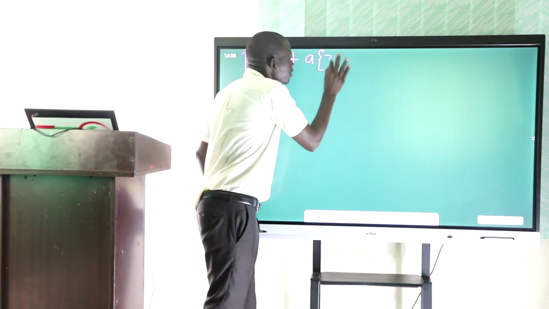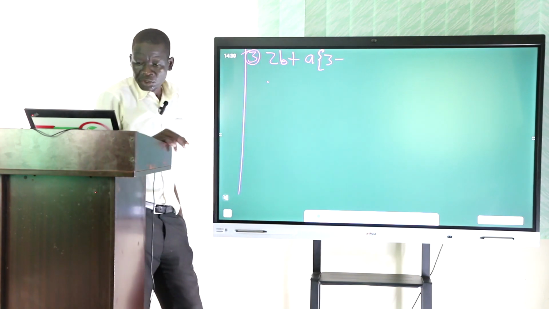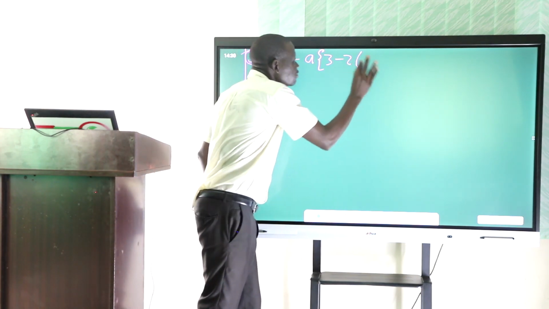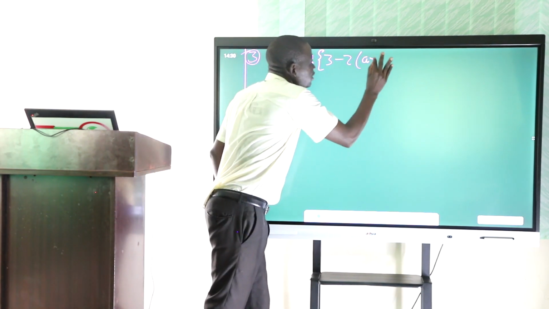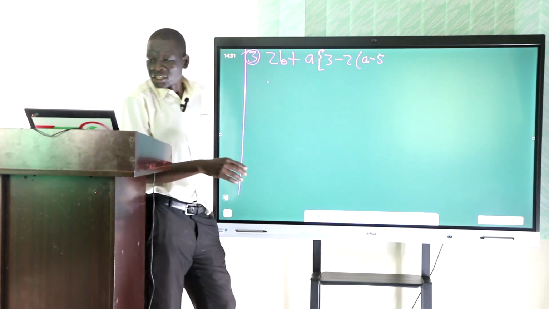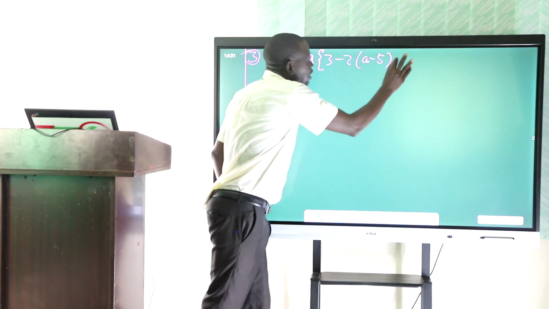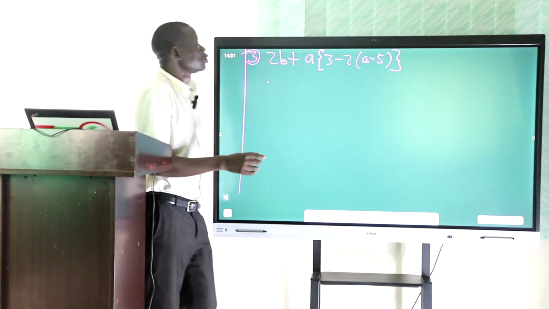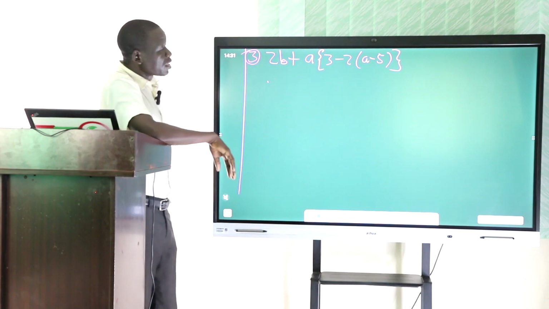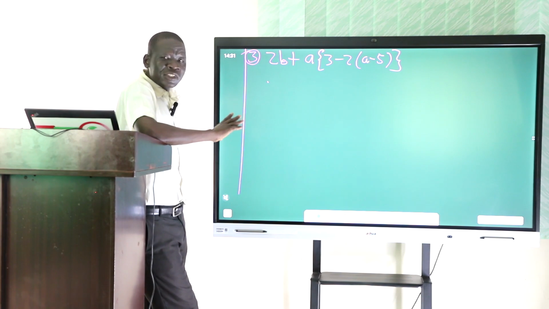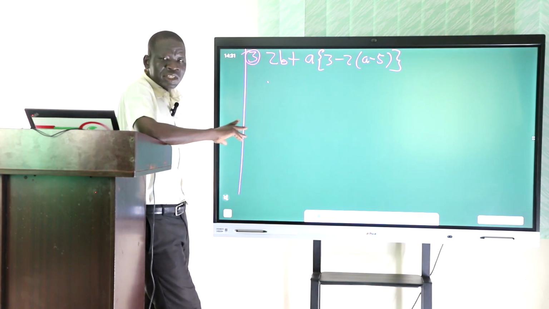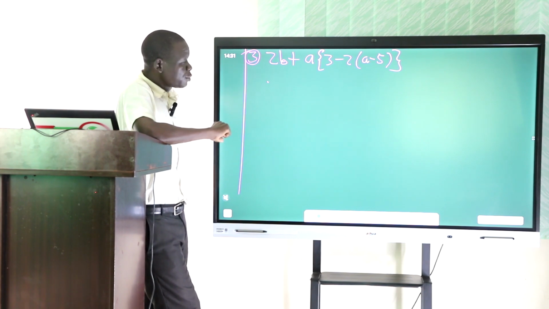Then we have 3 minus 2. Then we have another bracket there into a minus 5. Then we close the bracket and then another bracket. So you can see that there are so many brackets there. So we shall remove these brackets one by one, until we get the final expression.